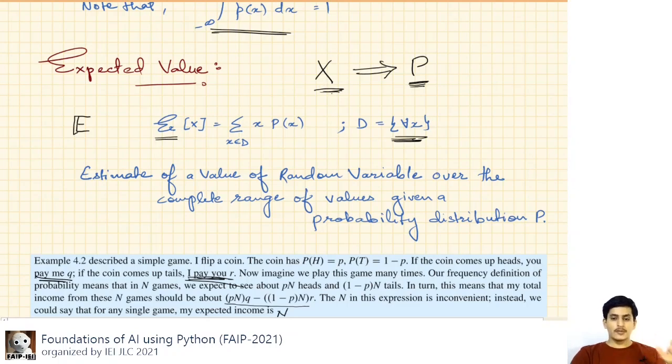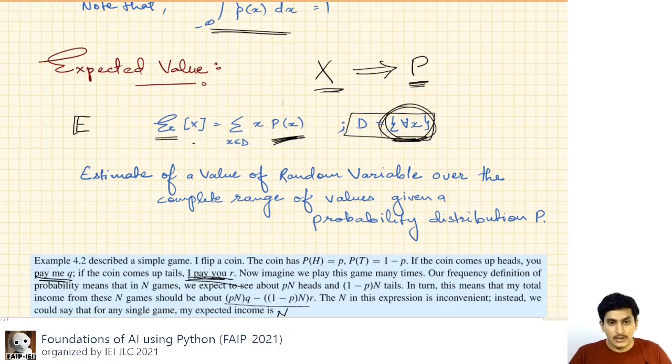Let's say if n number of experiments take place, and here that n is the complete range of x. So for all values of x, if we consider the probabilities of such values, what will be the expected value of x? Now it is important to understand that this expected value is just an estimate, and it need not be present in this set here.